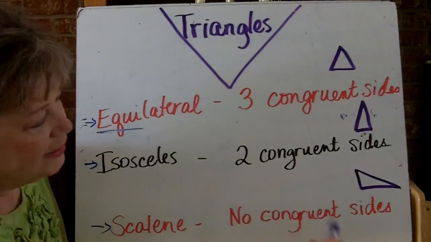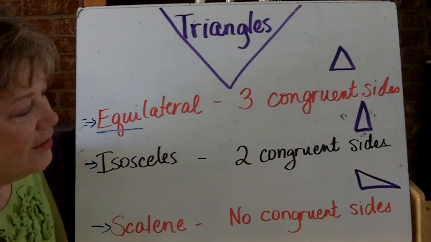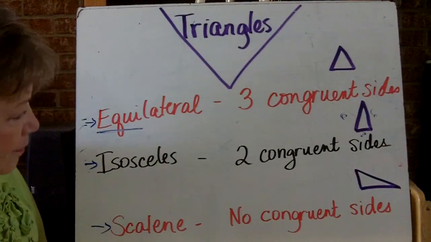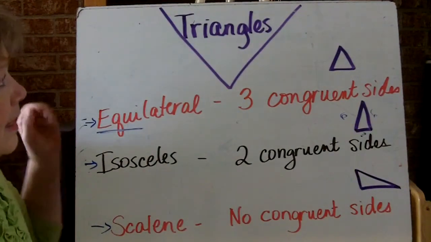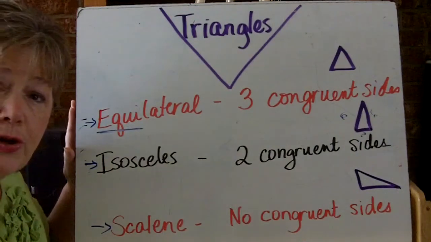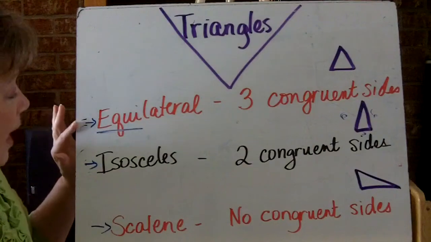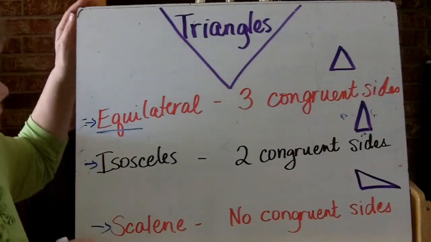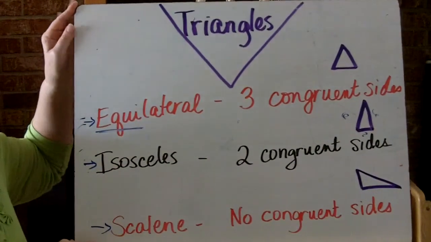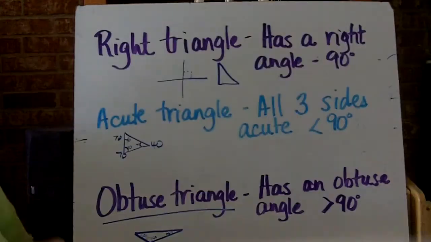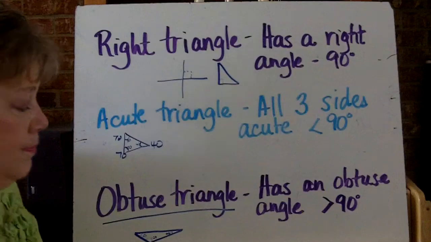And I tried to just let you get the idea that none of those sides would have the same measurement on that triangle that I drew there. So these are triangles whose names are determined by their sides. Equilateral, isosceles, scalene.